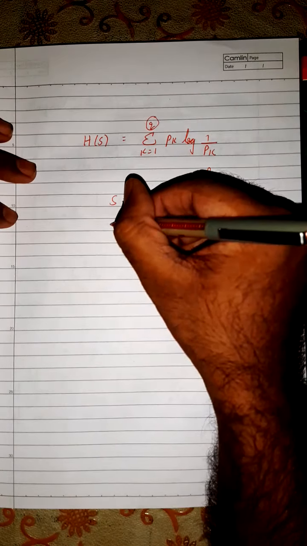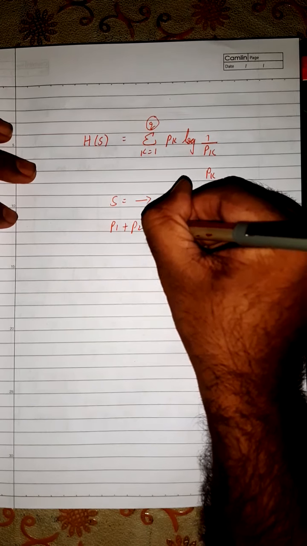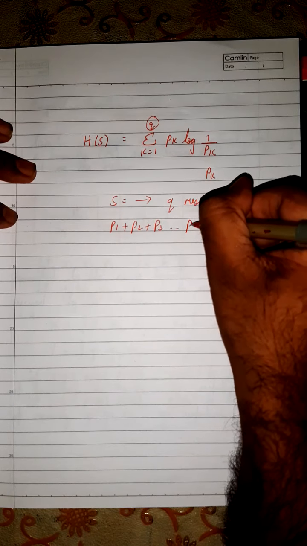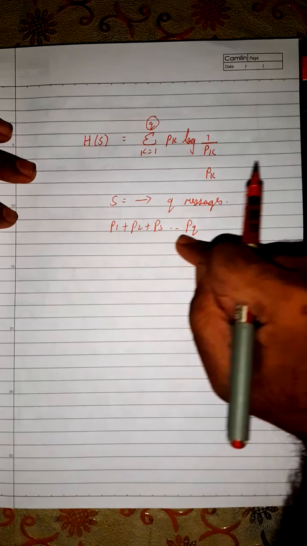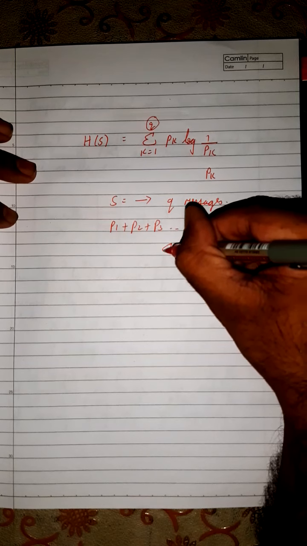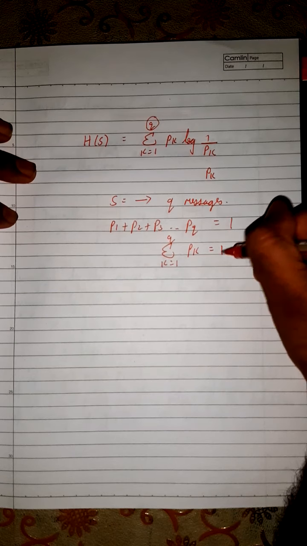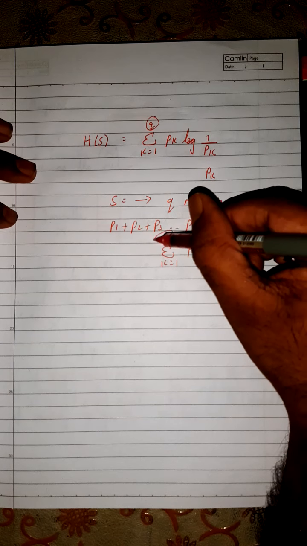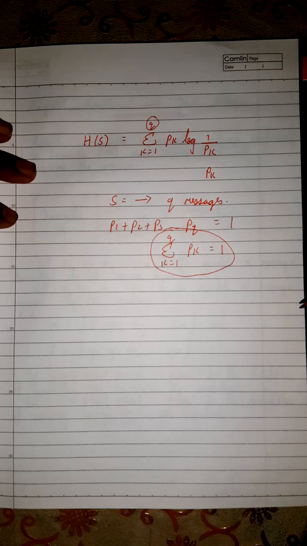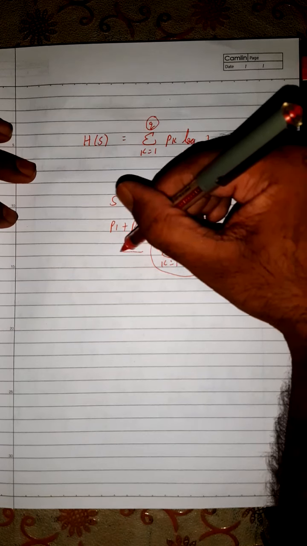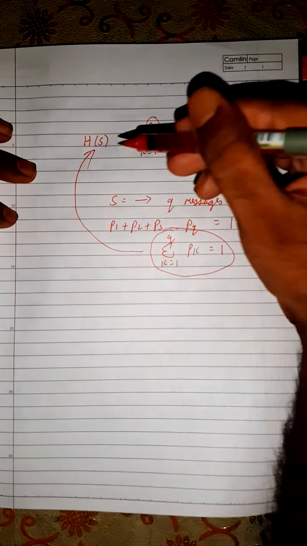Another condition is that if you add the probability of each and every message, that is p1 plus p2 plus p3 up to pq, you should get 1, or sigma k equals 1 to q of pk must be equal to 1. If this equation is satisfied, then only you can define the entropy of that source.